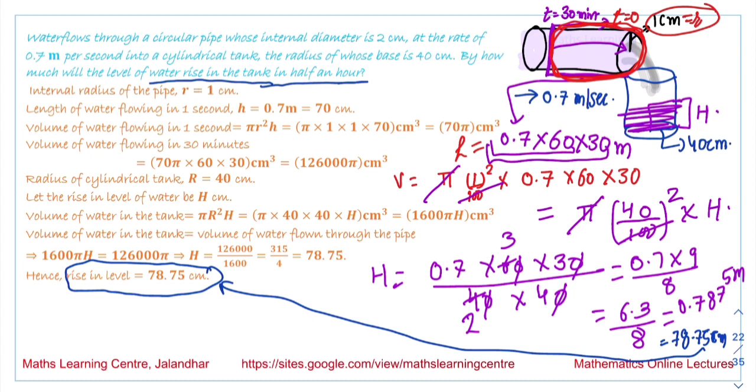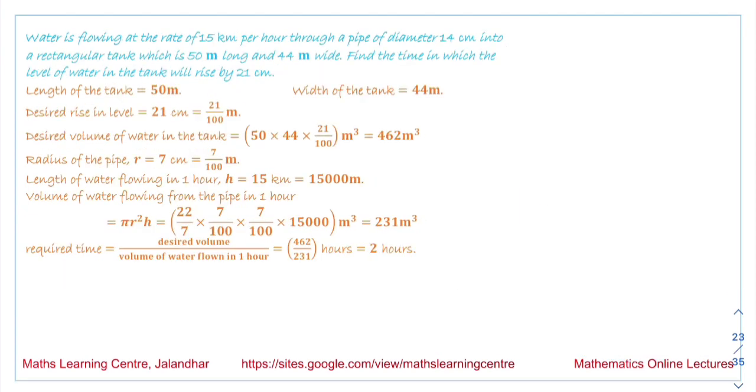Now the next question we have: water is flowing at the rate of 15 km per hour through a pipe whose diameter is 14 centimeter. It means the radius of this pipe is 7 centimeter, and the water flowing through this pipe is falling in a tank.